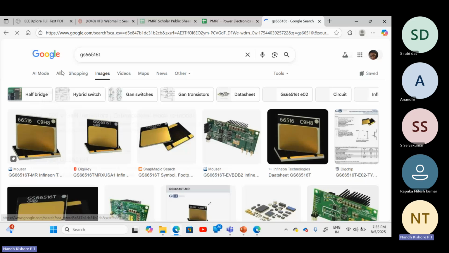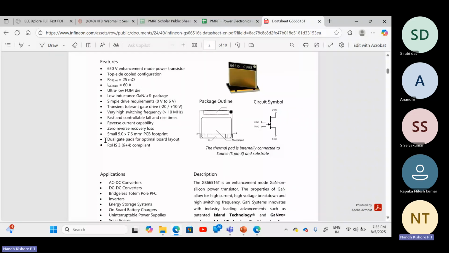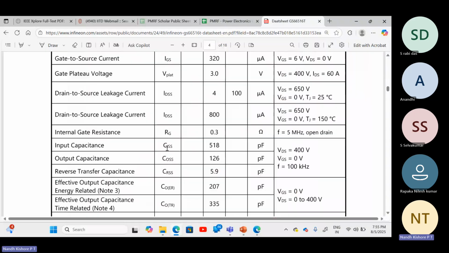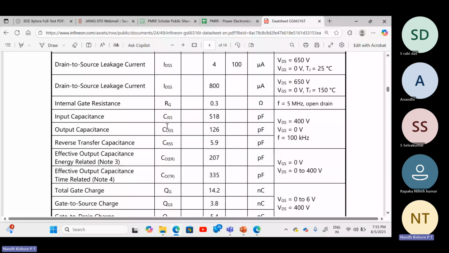We go to the data sheet. Go down and yeah. See over here CISS, COSS, and CRSS. So CISS is 518, COSS is 126, CRSS is just 5.9. Correct? So let's jot it down.